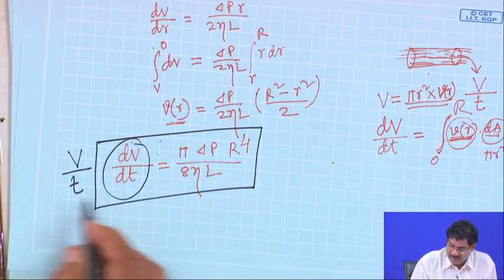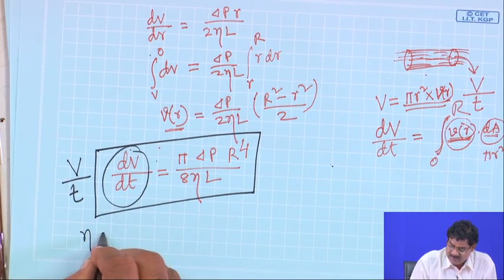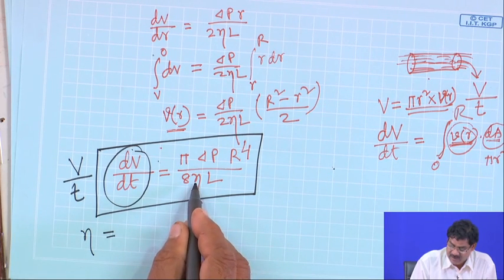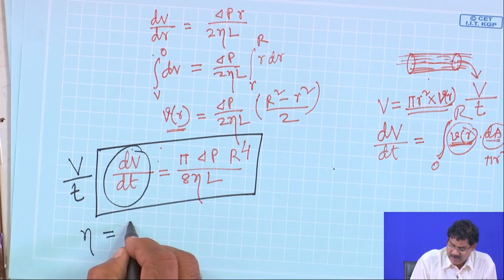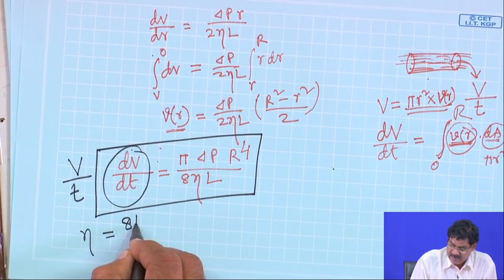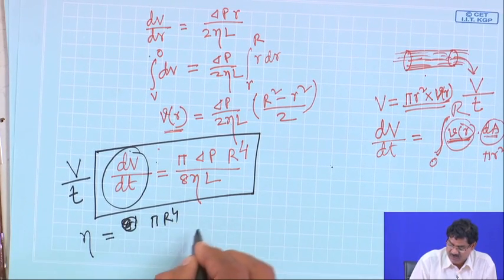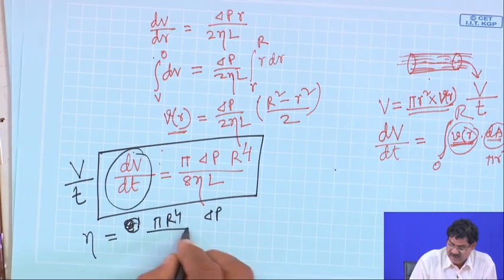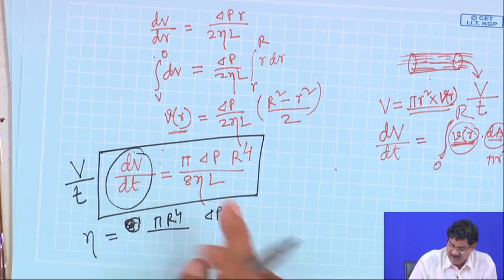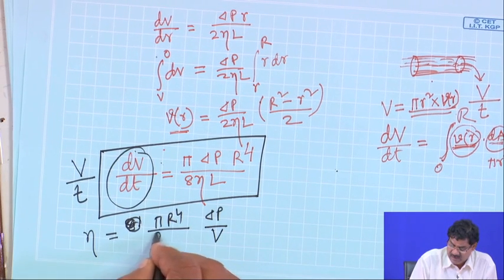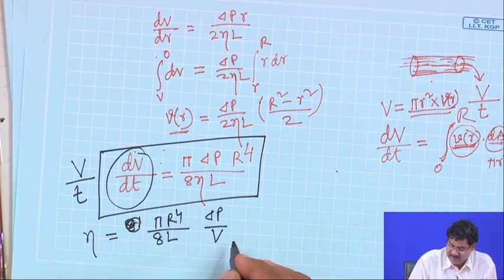This is V. Now eta, you can write, I will take eta, then pi r to the power 4 del phi, then V will come, and 8 is there, L is there, and also T will be there.